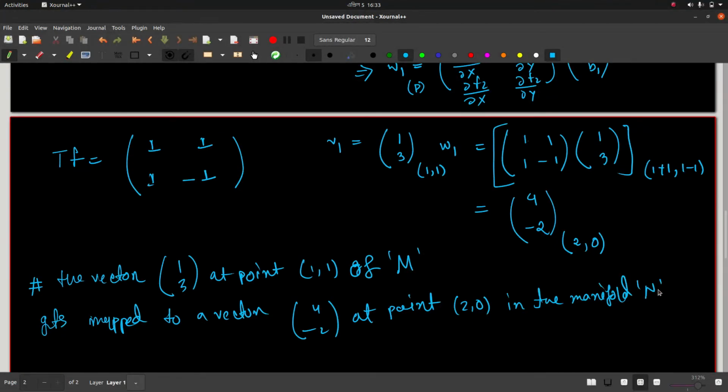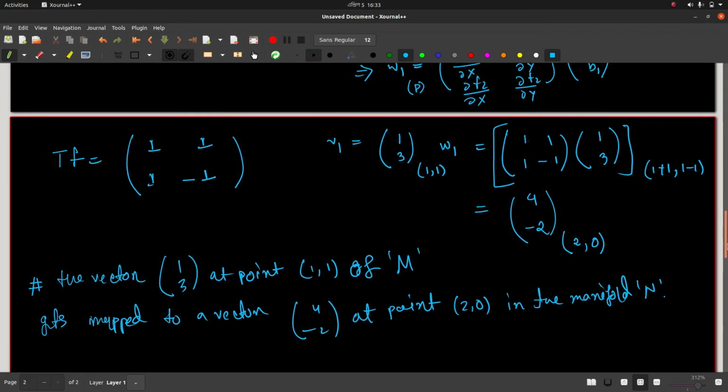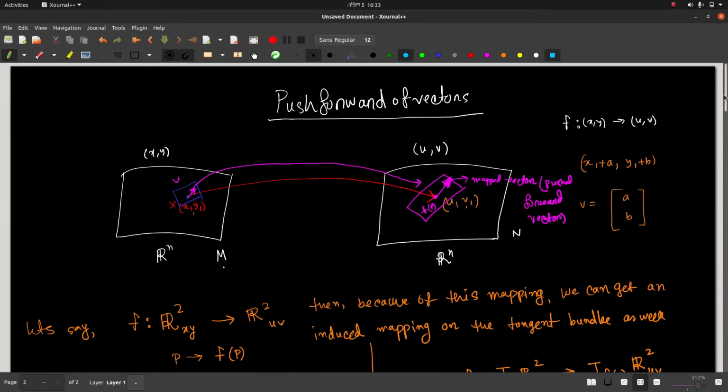So you might ask why we are bothering with this push forward thing. The idea is that when you talk about coordinate changes, what you are doing essentially is going from one manifold to another. And the reason we are considering the push forward of vectors is that when we try to define areas or volumes, we have to deal with these vectors, right?